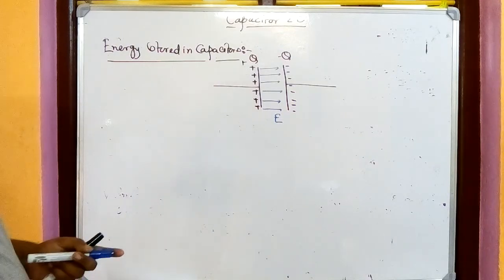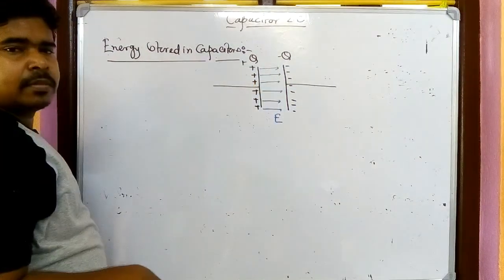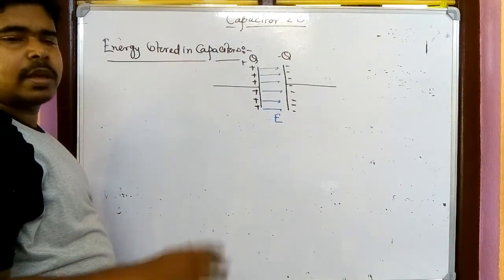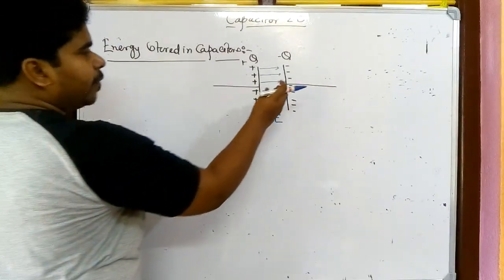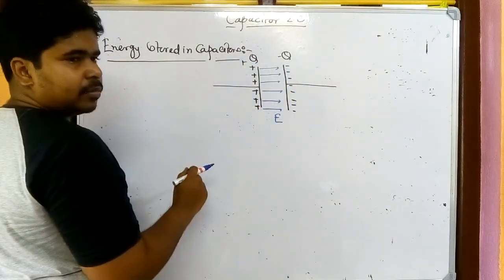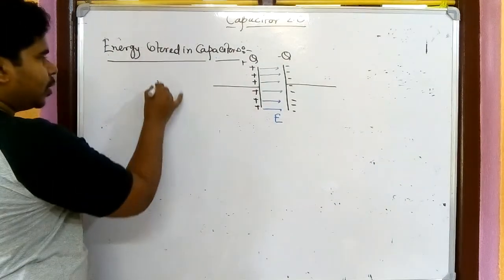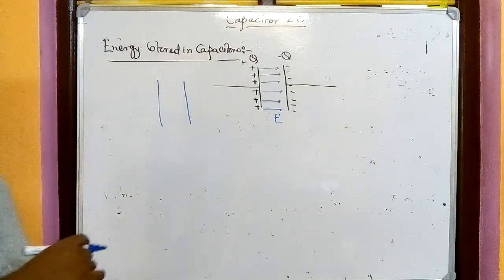Let's see. Assume initially these two plates are neutral, there are no charges. Assume one by one I take one charge and give it here. I think it is difficult for you, try to understand. Two plates which are completely neutral, no charges.